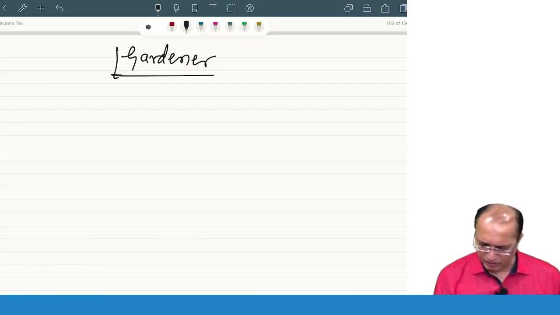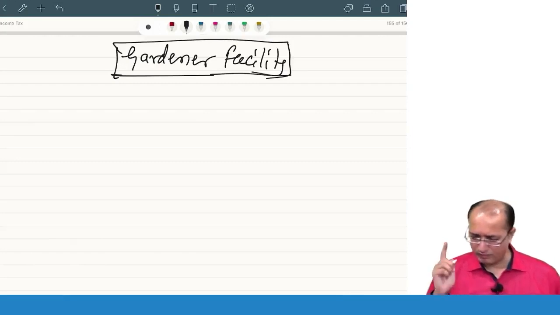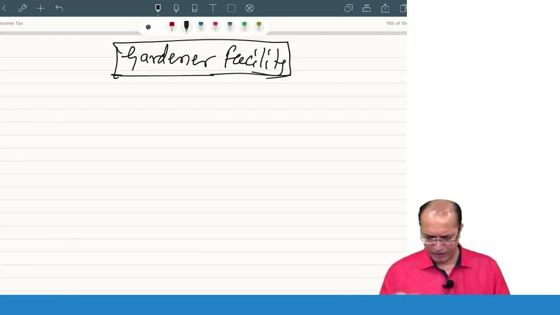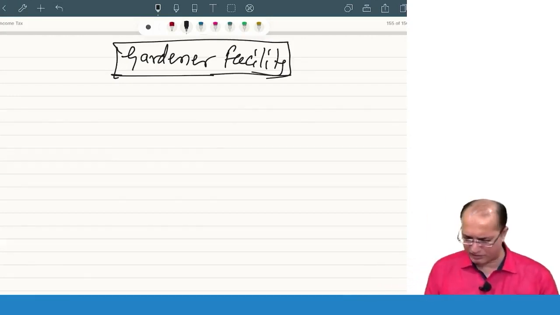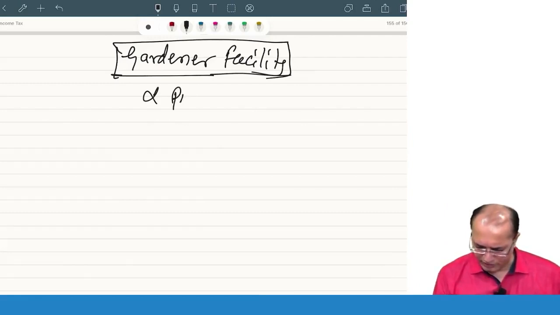Here we are talking about the gardener facility. We have done the discussion of all the domestic servant facility. Now we are extracting one point, gardener facility, and having a special discussion on this. The government says there are two possibilities.